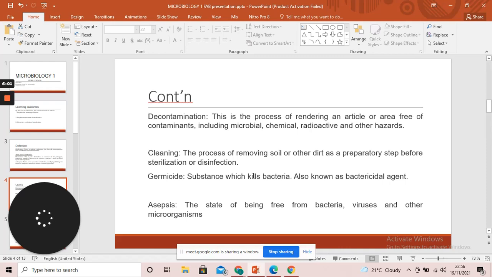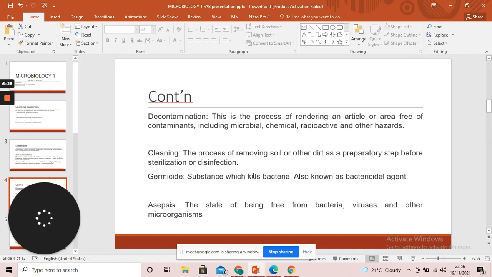and other hazards. Cleaning, which we all know, is just the process of removing soil or dirt as a preparation step before employing the sterilization or disinfection procedures. Germicides are substances which kill bacteria. They are also known as bactericidal agents.